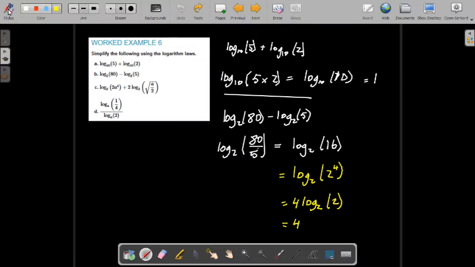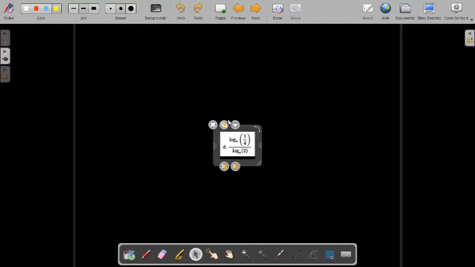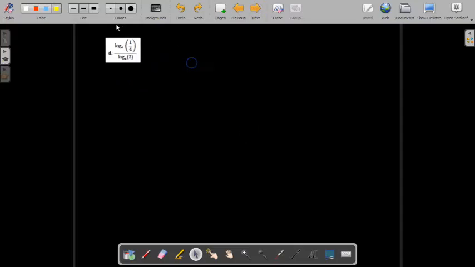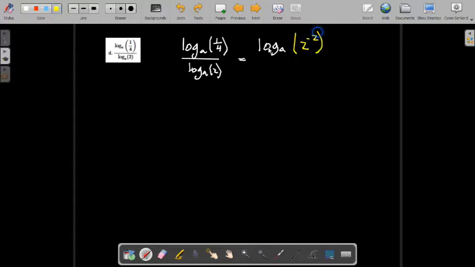And the last one, so we've got log a of a quarter divided by log a of 2. And I can actually rewrite that quarter as 2 to the minus 2.